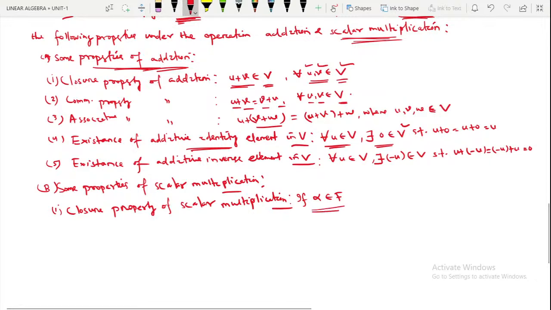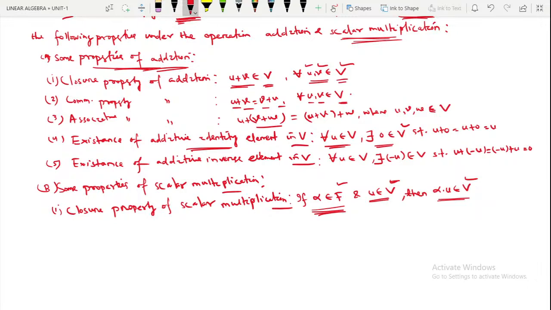So if alpha belongs to F and u belongs to that non-empty set V, then alpha times u must belong to V. If alpha is any scalar, that means alpha belongs to the field F where V is said to be a vector space, and small u belongs to that non-empty set V, then their product must lie in that set V. Okay, that is the closure property of scalar multiplication.